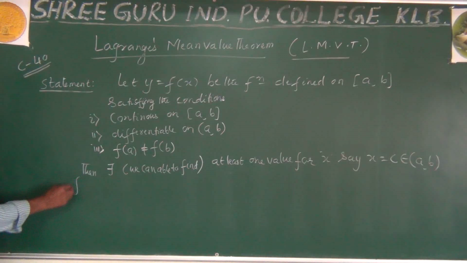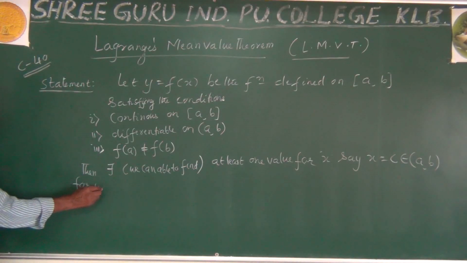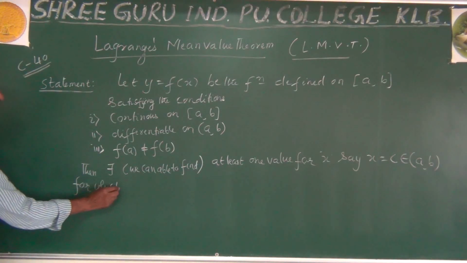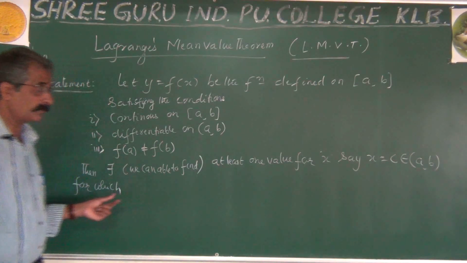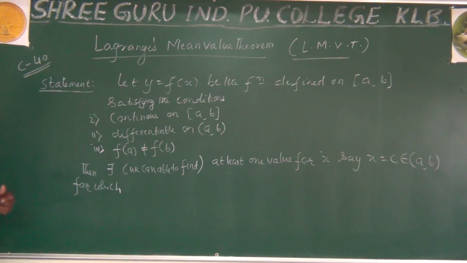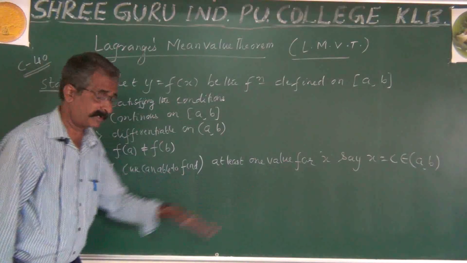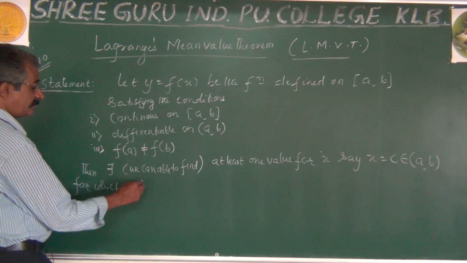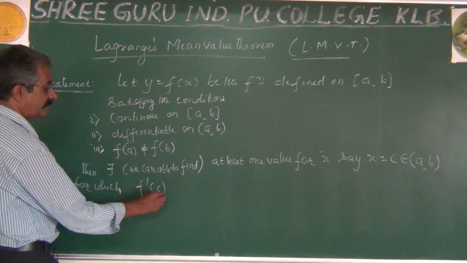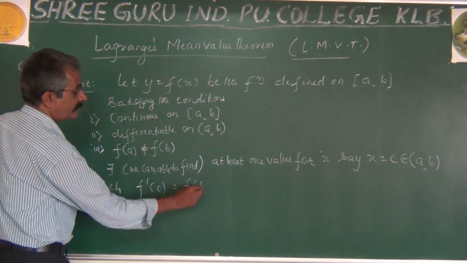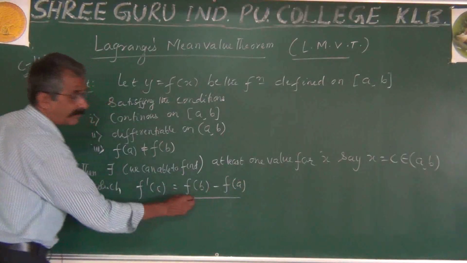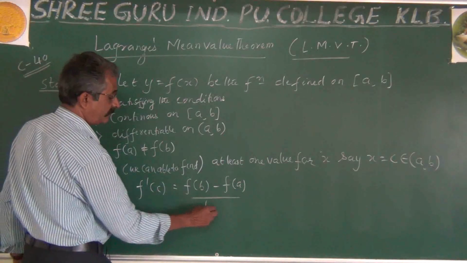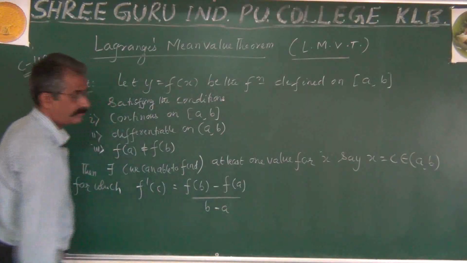For this value of c, in Rolle's theorem we had the condition f dash of c equal to 0, whereas in Lagrange's theorem we have this type of condition: f dash of c equal to f of b minus f of a divided by b minus a.